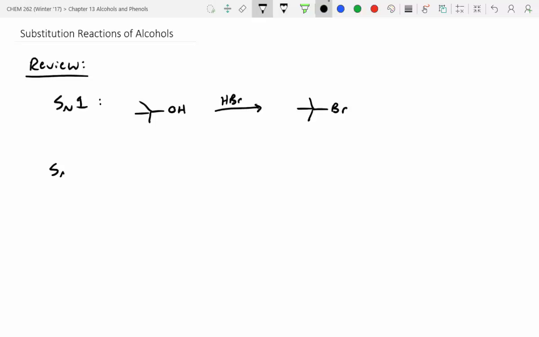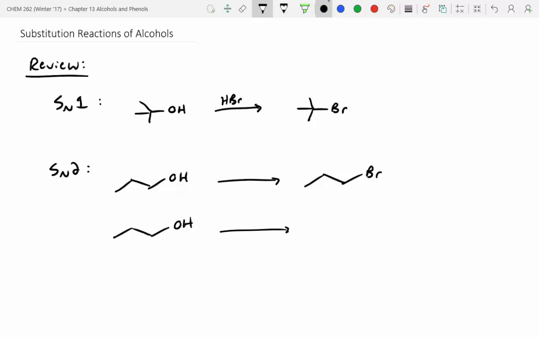We can also do a bunch of SN2 chemistry with alcohols. So let's discuss ways where we could get a bromine installed, and let's try to do two different ways for this. How could we get an alkyl bromide from an alcohol via an SN2 route?